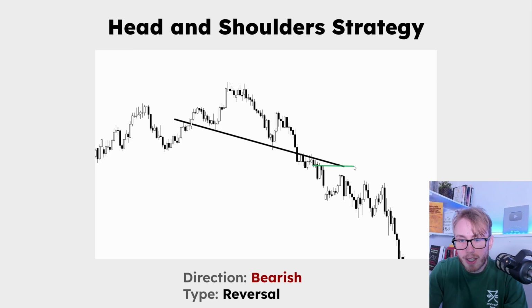So in this particular example, you could enter here at the reaction from the resistance. So you can see we're looking at this reaction right here. We have 2 candles strongly reacting from the resistance. Using this entry point, I would set my stop loss above the highest point of the reaction. So as you can see, I would set my stop loss above this candlestick wick right here.